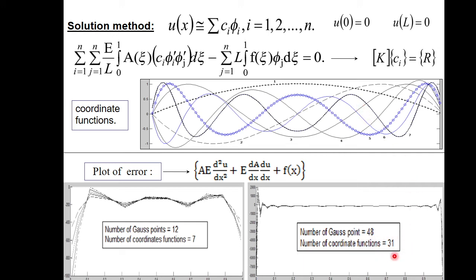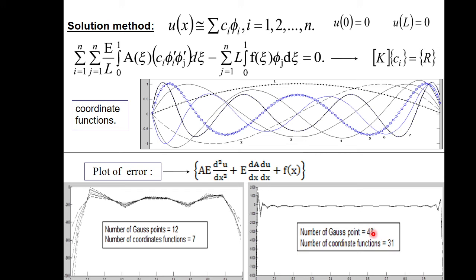So this 31 means ultimately the highest function will have a degree 30 or something. It might be 31, 32, whatever. It depends on the first function from which the generation of the orthogonal set was started, right? So that is why we have to increase the number of Gauss points.